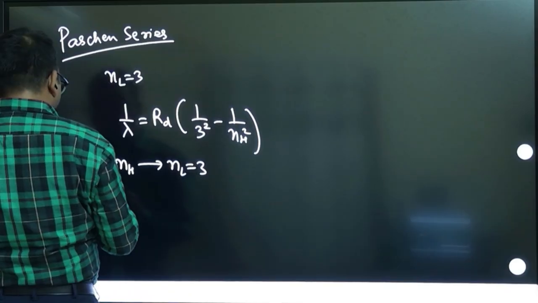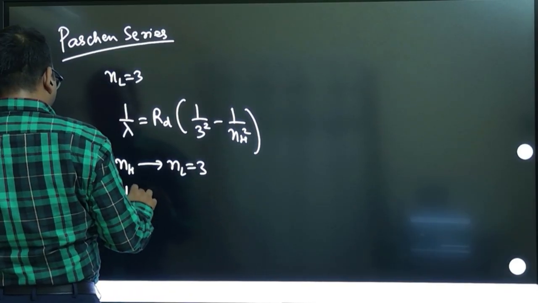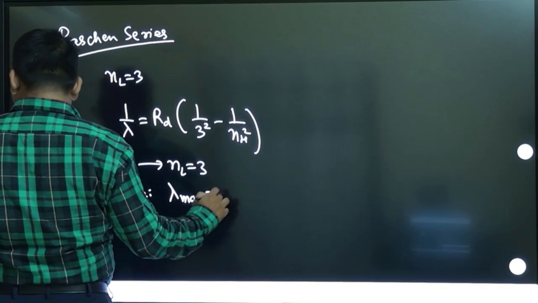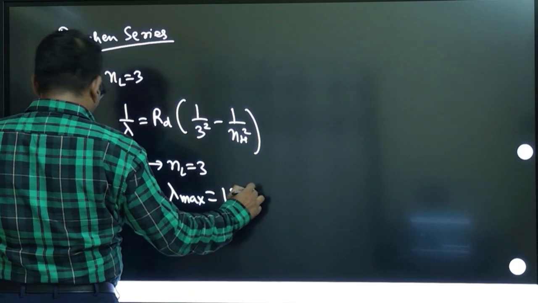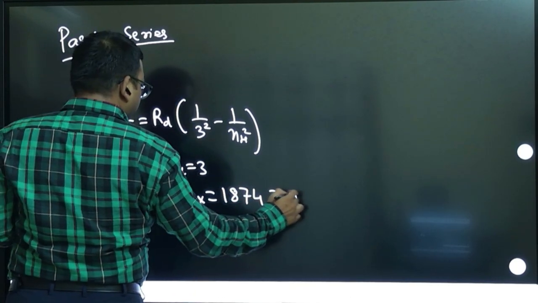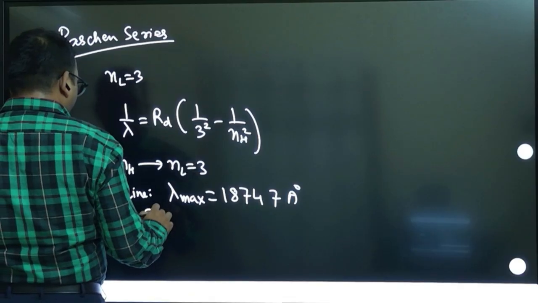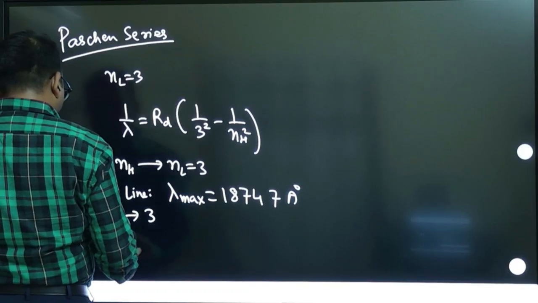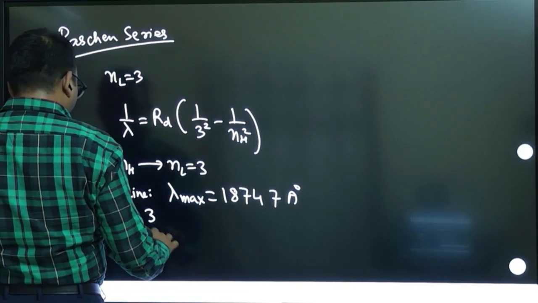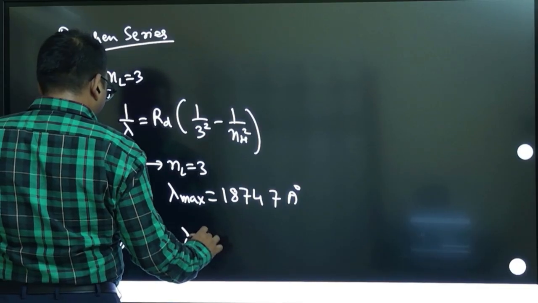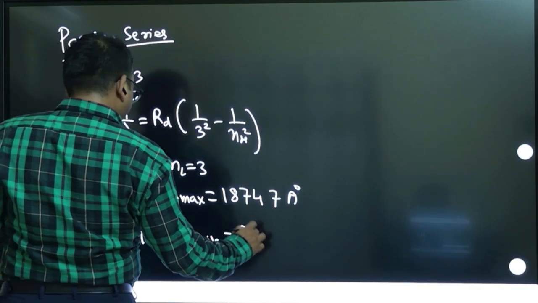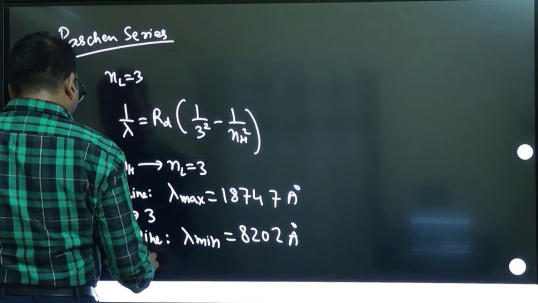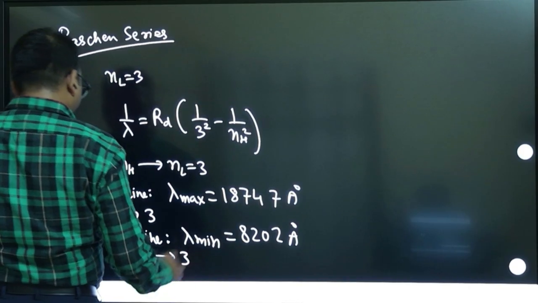So you can calculate here also. The first line comes as lambda maximum, 18747 angstrom. That means the transition is happening from 4 to 3. Last line, lambda minimum, is 8202 angstrom, and this is happening from infinity to 3, right?